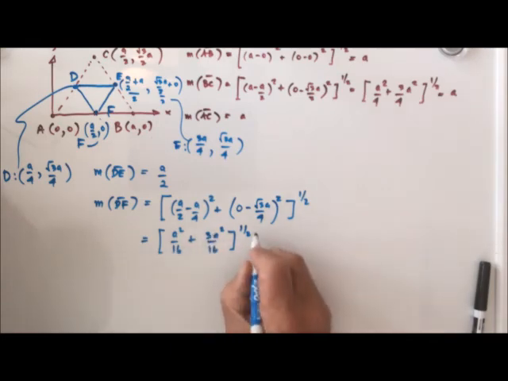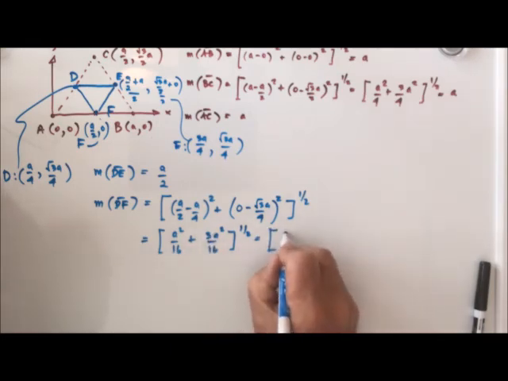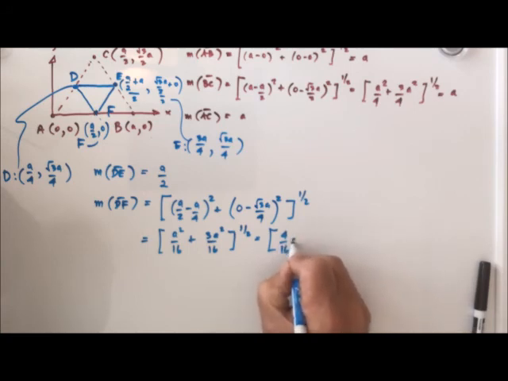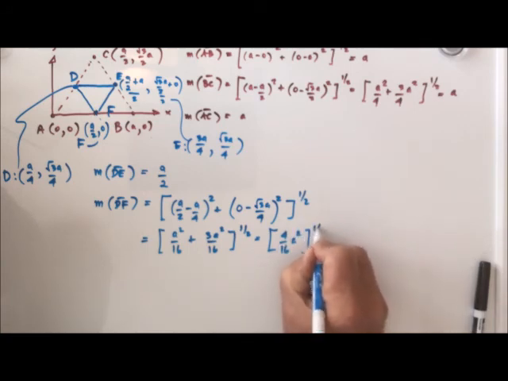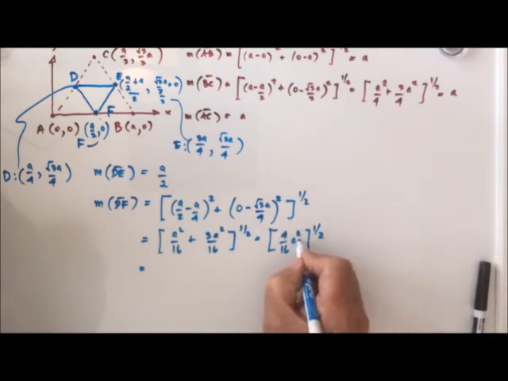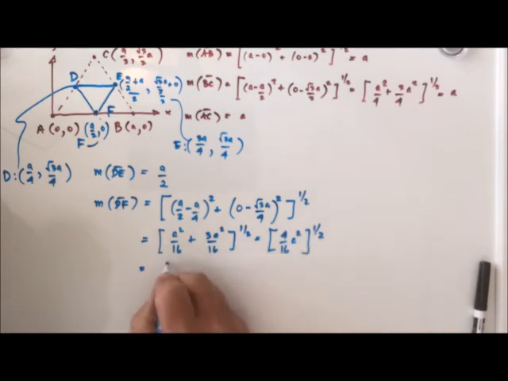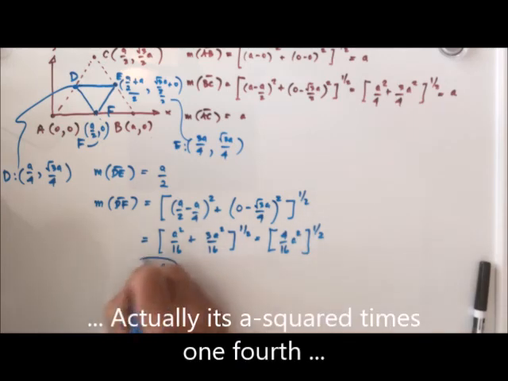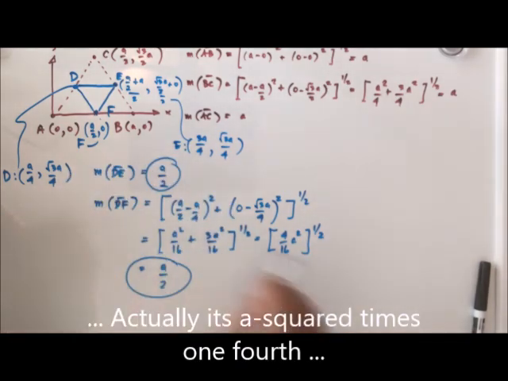I've got 1/16 a squared and 3/16 a squared. That's 4/16 a squared. Take the square root. And sure enough, 4 over 16 is 1/4. Take the square root of a squared over 4 and you get a/2. And indeed, the length of segment DF is the same as the length of segment DE.